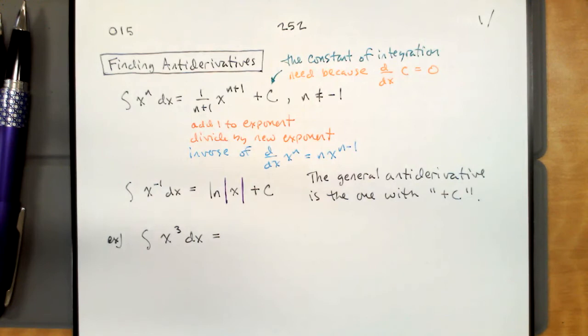What's the integral of x cubed dx? Well, it follows a pattern. n is equal to 3. The process is to add one to the exponent, so 4, and then divide by the new exponent, 1/4.